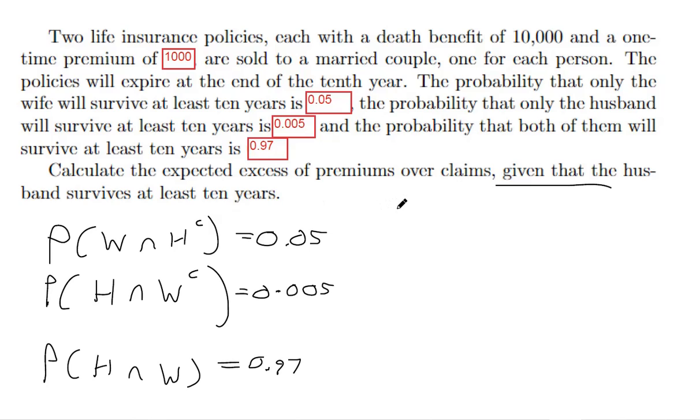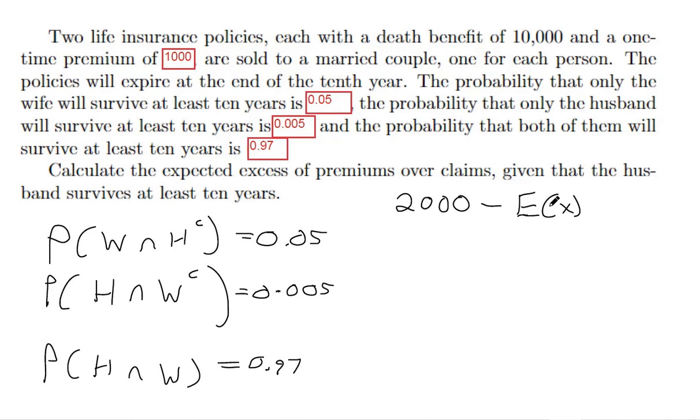least 10 years. When they say expected excess of premiums over claims, they mean you take your premium, $1,000 per person, and there's two policies, so you got $2,000, and you subtract the expected value of the payout. It's not a guarantee that either of them will die, and it's not even likely that both will die.